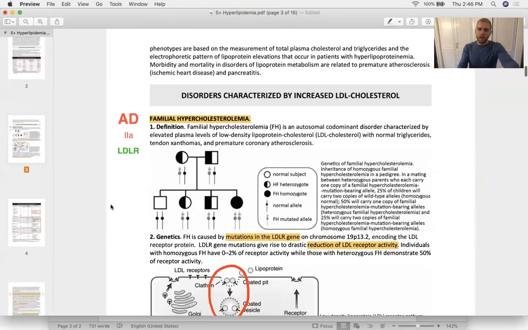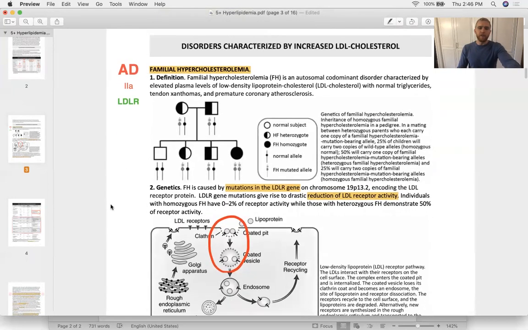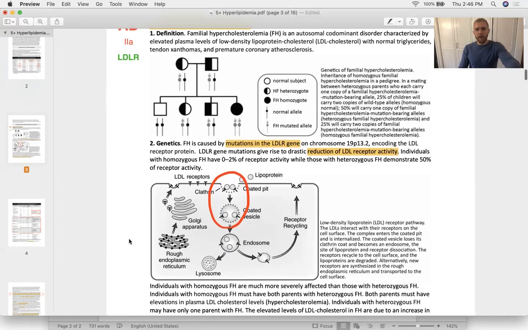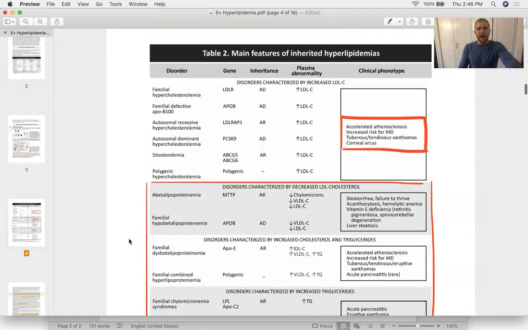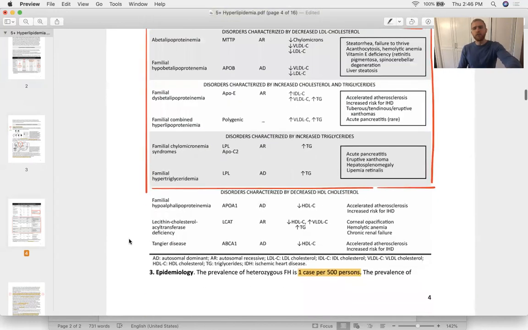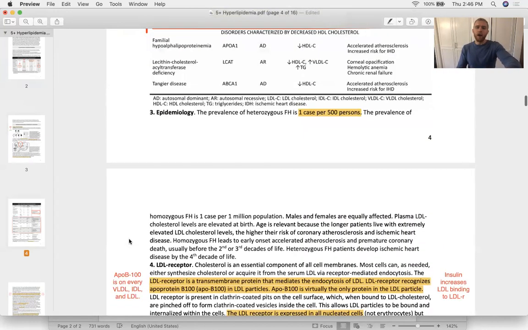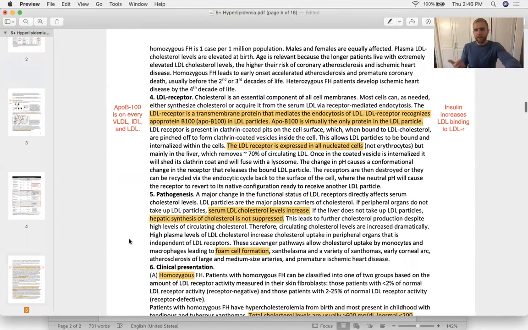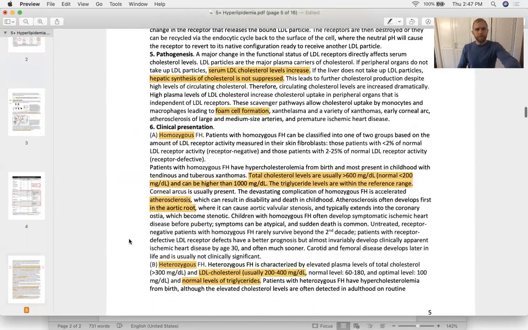Because these different diseases interfere with different stages or steps in this stepwise LDL endocytosis process, I believe it's highly likely for us to see a question about what specific stage in the LDL endocytosis process is going wrong given this patient. So make the diagnosis, remember the gene, know what the gene does.